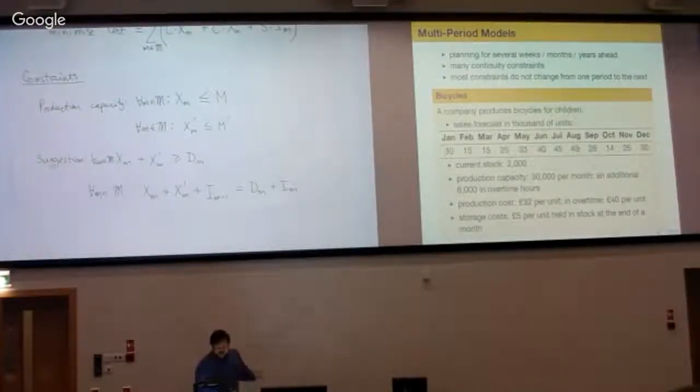Now you get a constraint, which looks at all the bicycles I have available this month, coming from production, and coming from overtime production, and coming from storage from the end. And on the other side, it looks at what am I doing with them? I'm selling some, and I'm storing the rest.